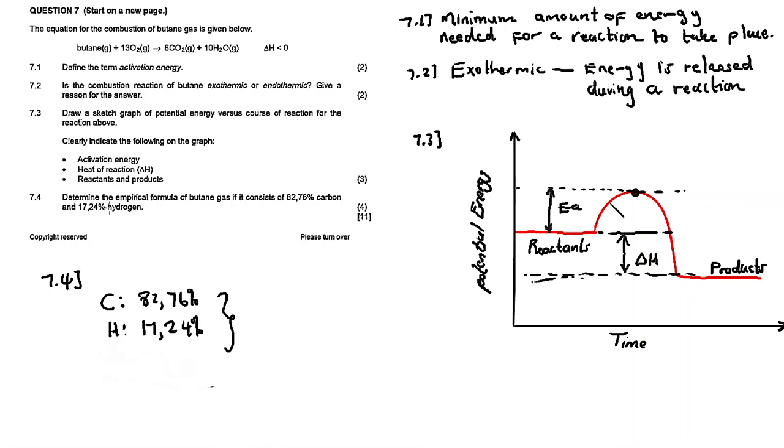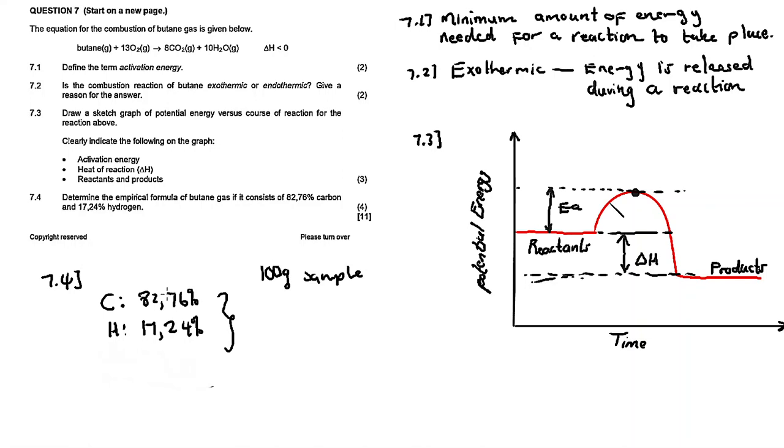Since I want the empirical formula and the percentages are given for the different elements, here we take the percentages, the percentage share. We must calculate the empirical formula using a 100 gram sample.